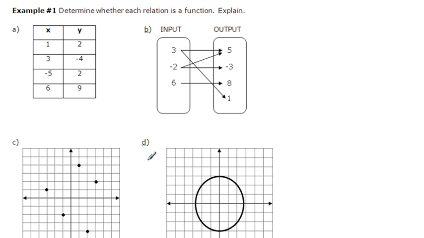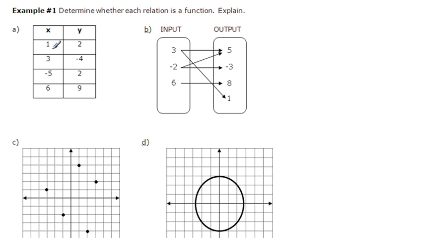So here it gives us tables, mappings, and graphs. If I want to check to see if each relation is a function, I'm checking to make sure that each input value has only one output value. So see how we have the numbers 1, 3, -5, and 6? If it is a function, all of these will only have one output. So like 1 goes to 2.